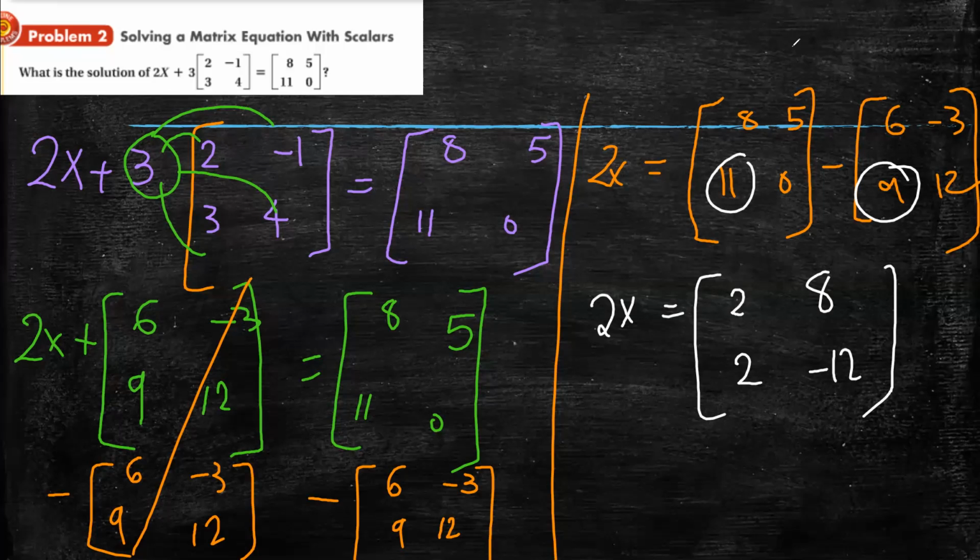Is this x or 2x? 2x. I need x. So I have to divide by 2, or we can say multiply by half, since there's no matrix division. If you multiply this side by half, you have to multiply this matrix by half.